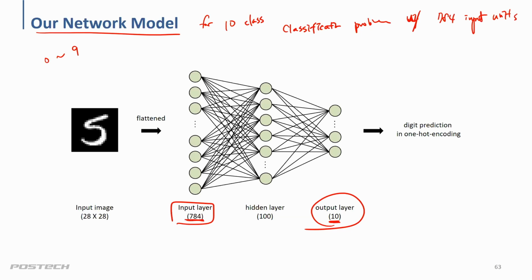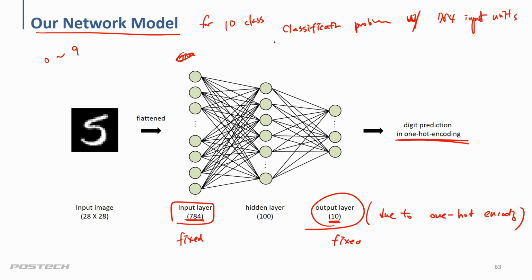Now you need to design your network. These are given, fixed, because of the one-hot encodings. Now there is a lot of freedom in how you design the rest.